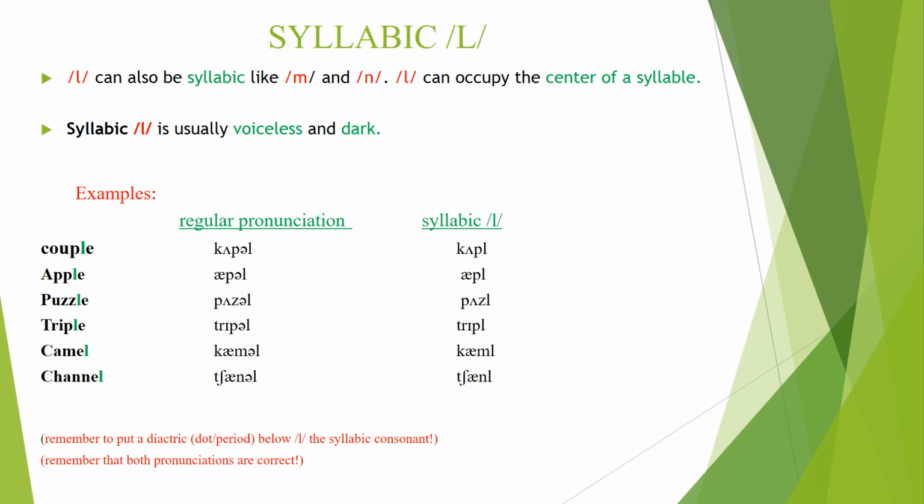We can say couple, apple, puzzle, triple, camel, channel. And also remember that there is a dot, a diacritic below the leh sound.